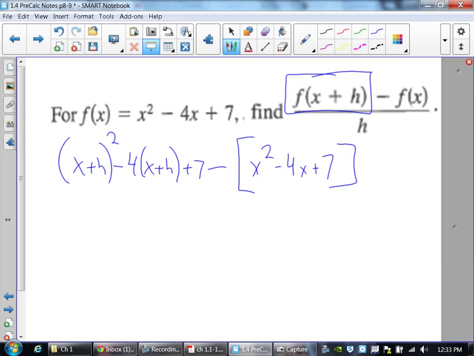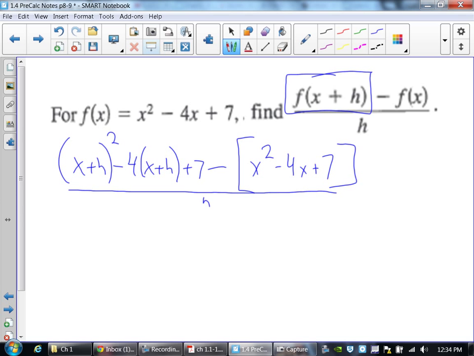This function is not just a singular term. Since it's got multiple parts to it, it's a polynomial. I'm going to put that whole piece in parentheses so I remember to distribute the negative. If anything, you'll forget the distribution of the negative. Right, Colton? And I know this all has to go back over h.